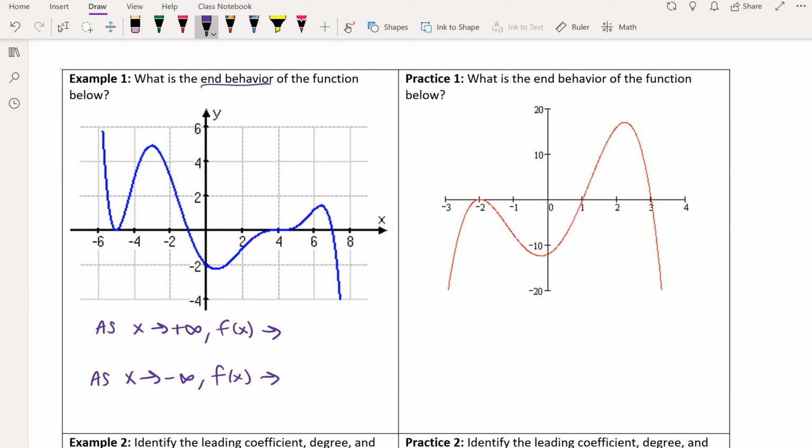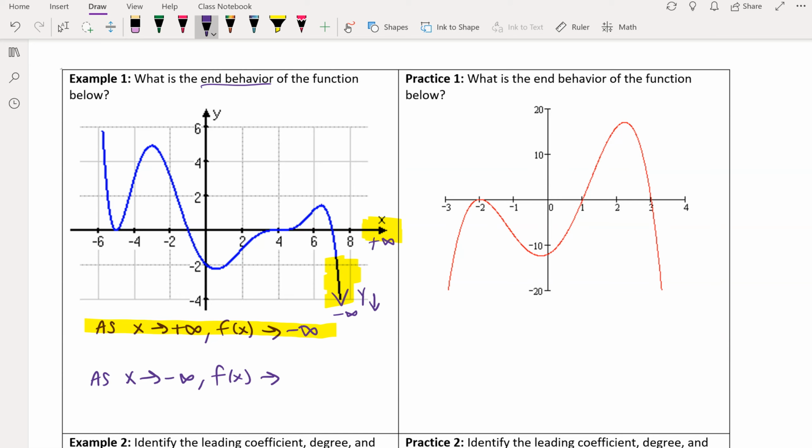Where is x positive infinity, on the right or the left? x is positive infinity over on this side. So where is our arrow pointing? There should be an arrow on this graph. Our arrow is pointing down to negative infinity, right? x is going to positive infinity, but y is going down. So as x goes to positive infinity, f of x goes to negative infinity because our arrow is pointing down.